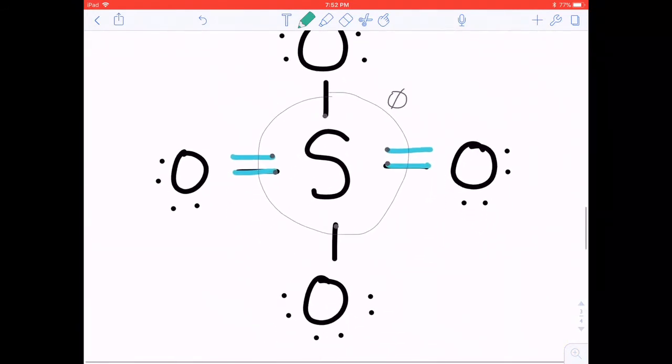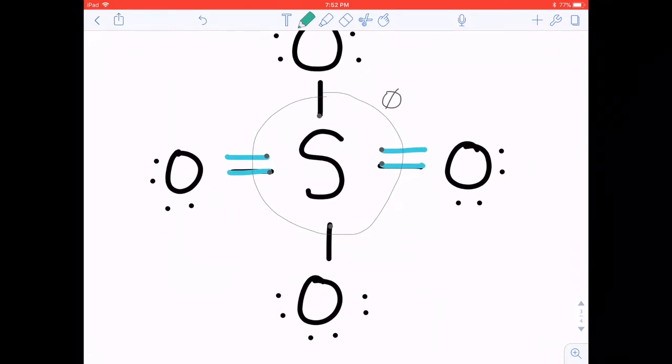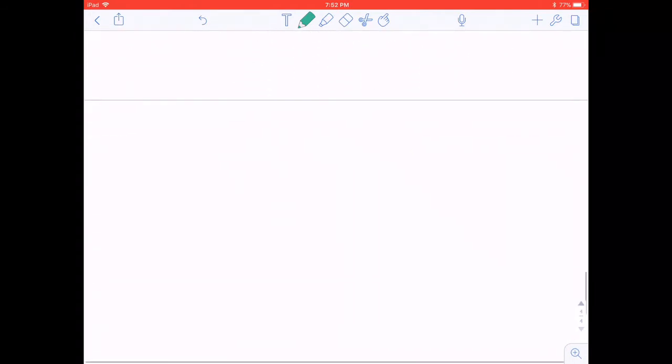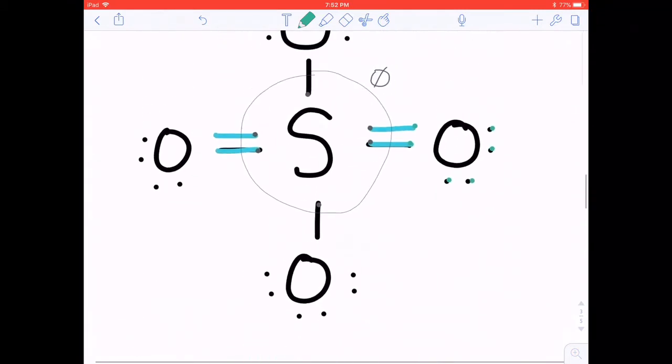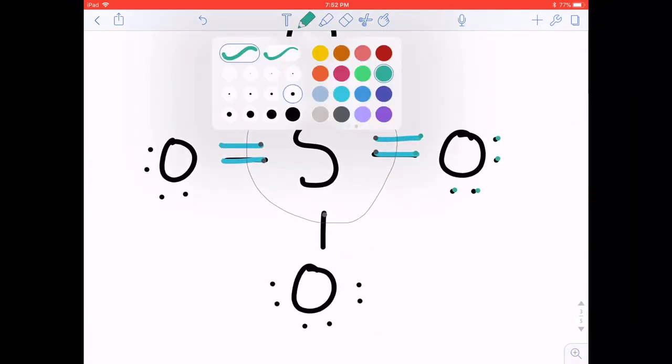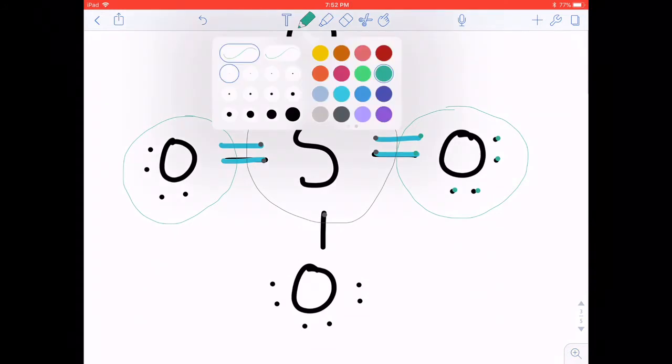And because there are 2 different types of oxygen here, we're going to have to do this equation twice. So if we count, we have 6 valence electrons in that atom. So we're going to do 6 minus 6, and that equals 0. So the oxygen atoms that have the double bond are going to have a formal charge of 0. So both of these will be 0.